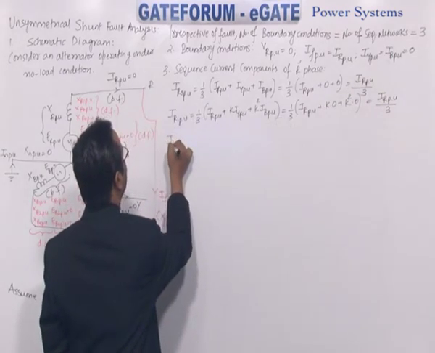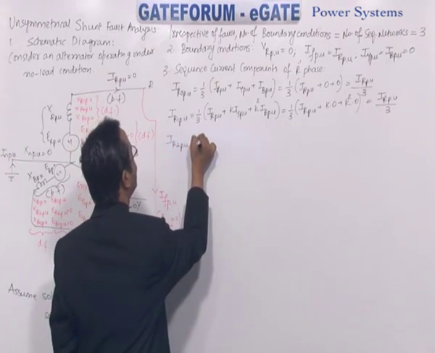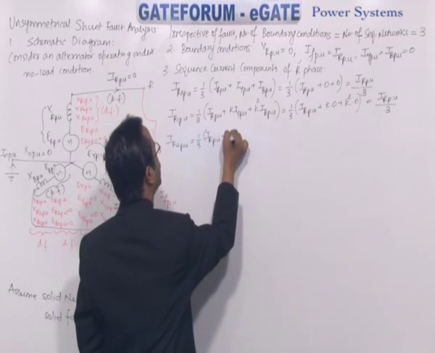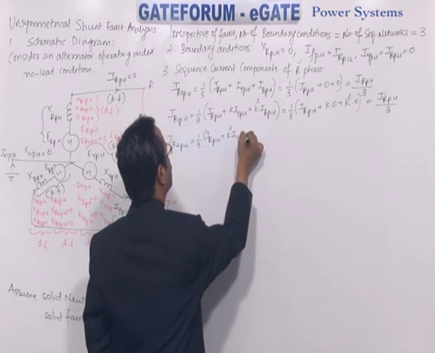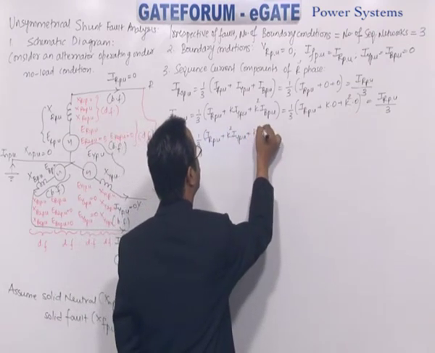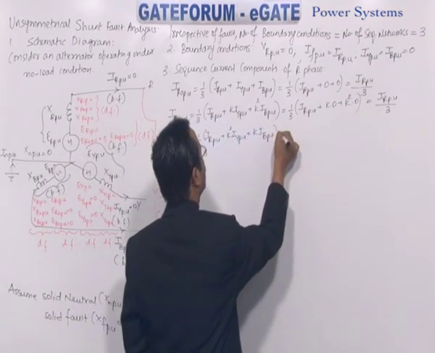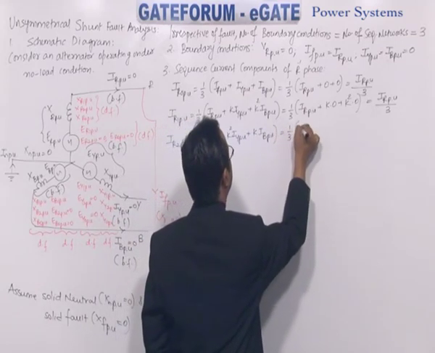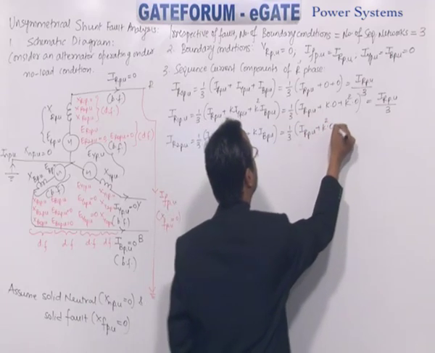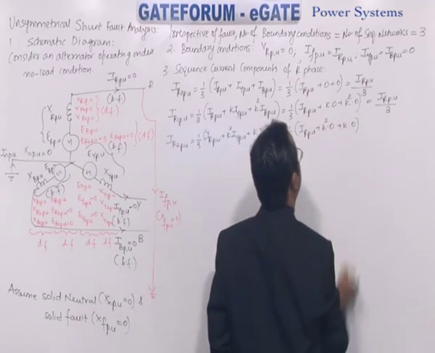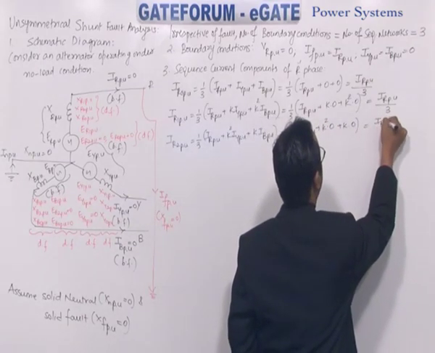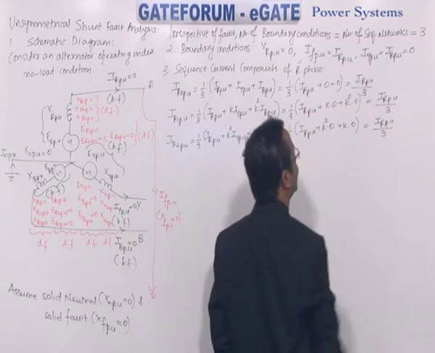And what about IR2 per unit? 1 by 3 times IR plus K square IY plus K IB. On simplifying, how much do you get? IR plus K square 0, K into 0. So how much do you get now? IR by 3 per unit.